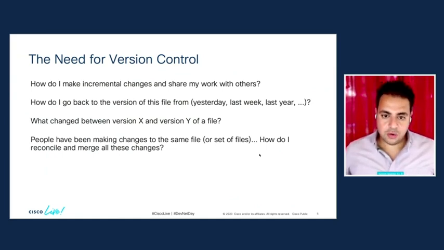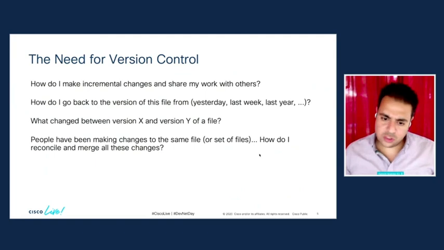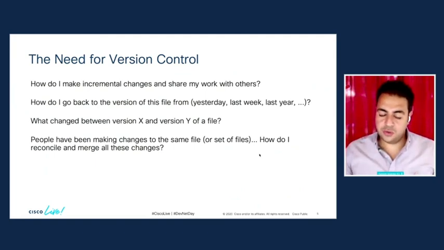I see my code has changed. What are the differences between version X and version Y? We have a team of 6 people working on the same file. I want to be able to know who has changed what while we're working together. If you've asked yourself that question, Git is what you need.